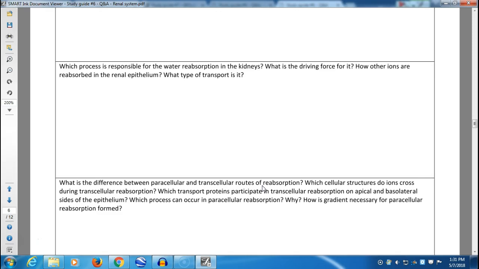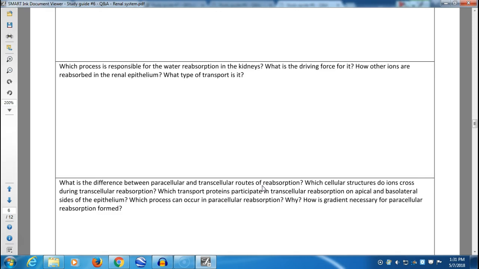It's sodium diffusion. Does that make sense? And this secondary active transport happens on the apical side of the epithelium. We're clear? So secondary active transport driven by sodium diffusion on the apical side of the epithelium.